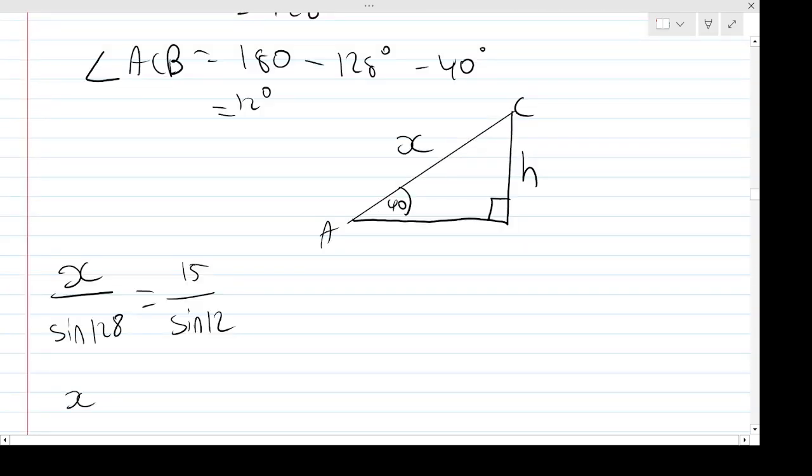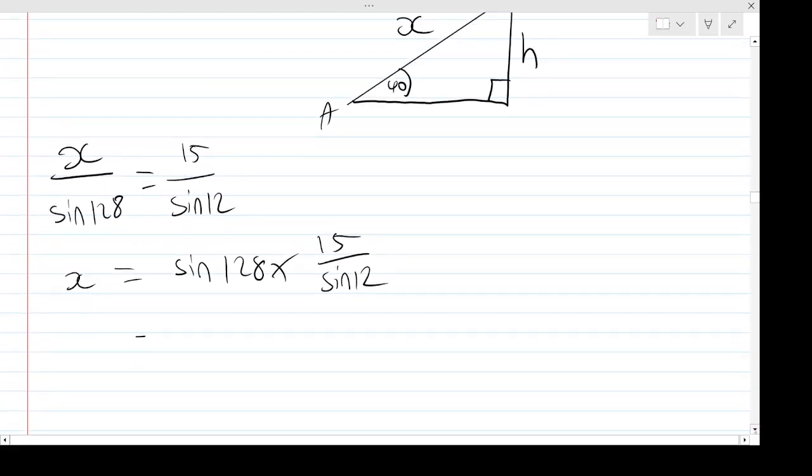That length x. So x is going to be sine 128 times by 15 over sine 12, which is going to be 56.85 dot dot dot.